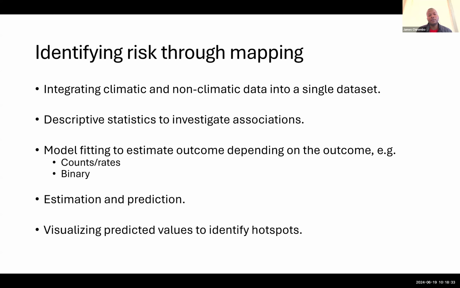Basically, the values that you have obtained at a point, can you then extrapolate that to an area that was not sampled? So in the end, you want to have some kind of a continuous estimate to be able to predict hotspots. I'm going to show an example for that, the last point, towards the very end of this presentation.